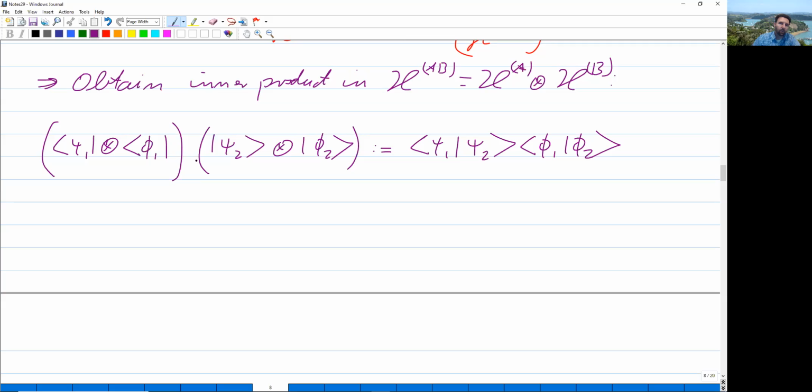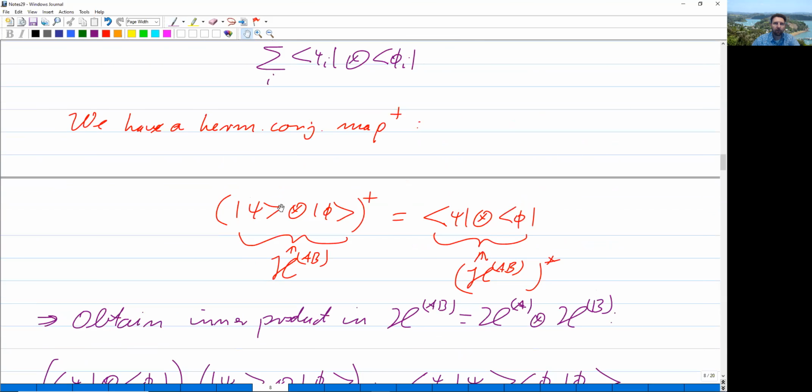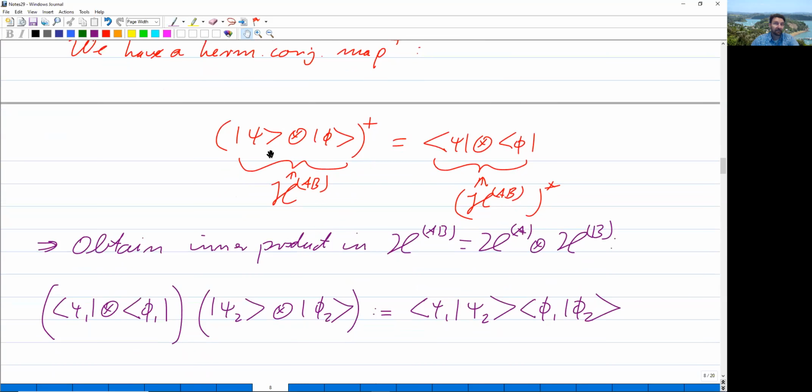Now, what I gave you in the past few lines was how you can take one of those vectors in the Hilbert space of the combined system and take the Hermitian conjugate of it. This was not a generic vector. This was an unentangled vector. If you had an entangled vector, then you would have a linear combination of these.